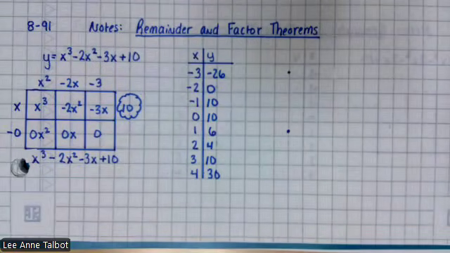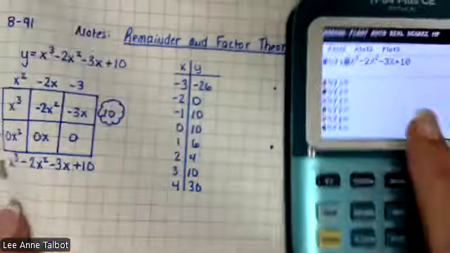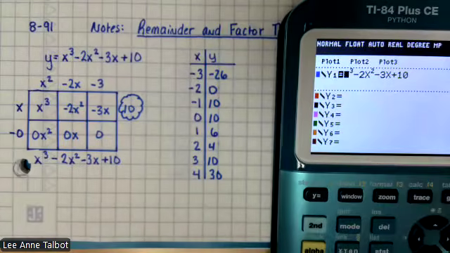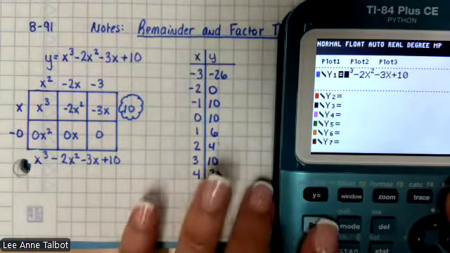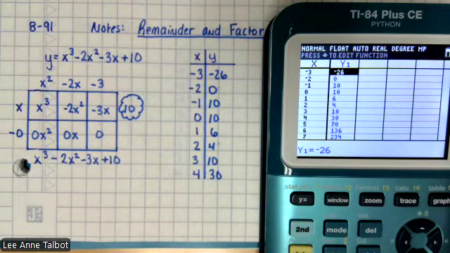Okay. All right. I want to show you something interesting. I typed this equation into the graphing calculator and I went to the table. You had x plus 1, so it's negative 4 on the table.